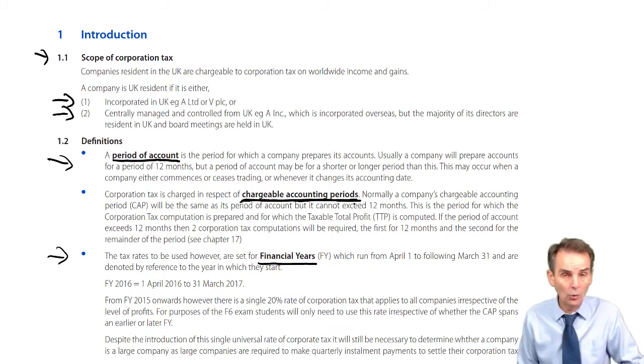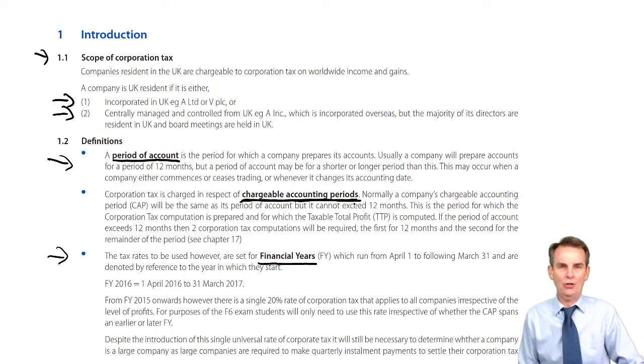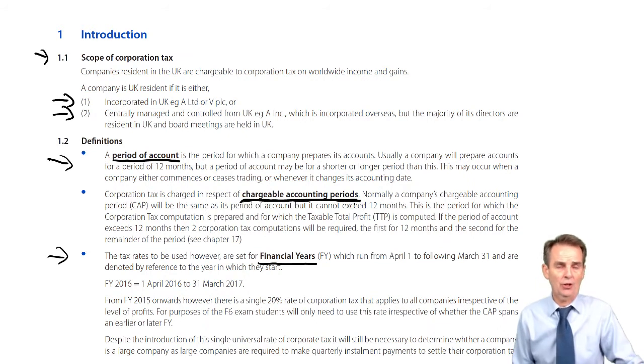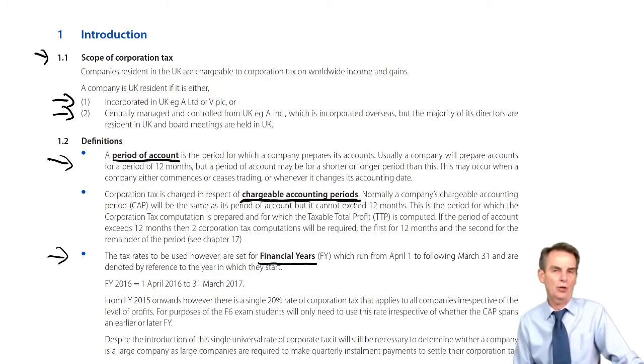The first will always be of 12 months, and the second will be the balance of months up to that period of account end. So with our 15 months to 31st of December 17, we would prepare 2 corporate tax computations. The first is 12 months from 1st of October 16 through to the 30th of September 17.